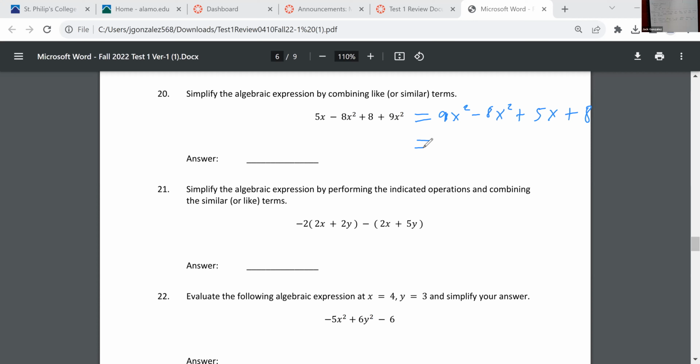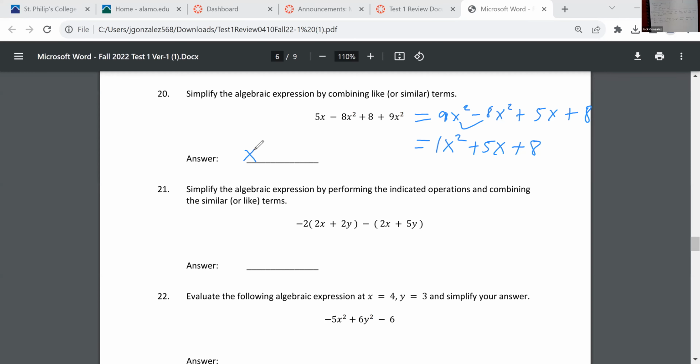9 minus 8 is 1. That's what you were saying, right? 1x squared. There's no other x's, plus 5x, so just write it. That's your answer. There's nothing else to do.